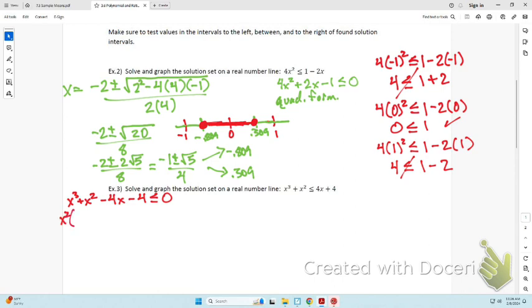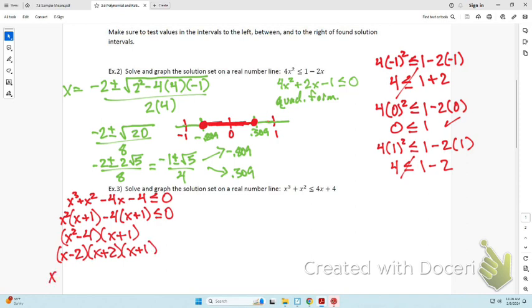We're going to take a GCF out of the first two, a GCF out of the last two, and get something that looks like this. Then I take x squared minus 4. Then I factor x squared minus 4. And I get 3 answers.